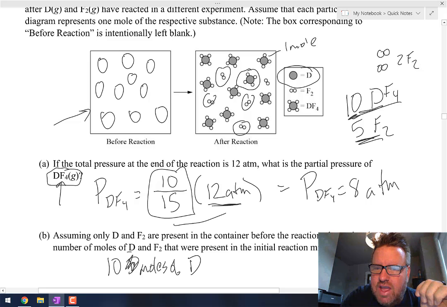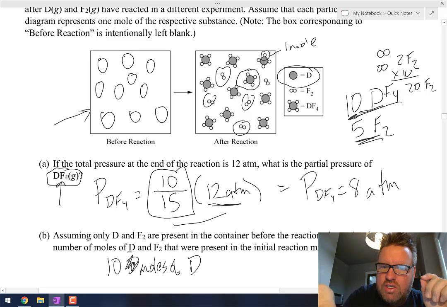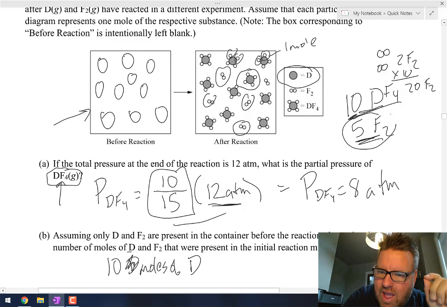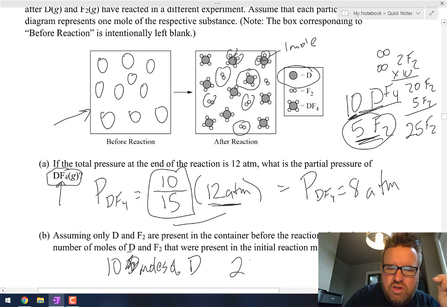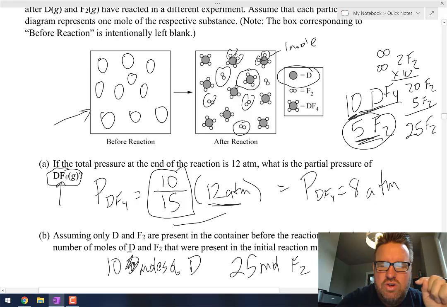So if there are 10 DF4s, we multiply that by 2. That's 20 F2 molecules just in the DF4 compound, plus the 5 that were left over and didn't end up being used. So how many F2s did we start with? We started with 25 F2s, so 25 moles of F2.